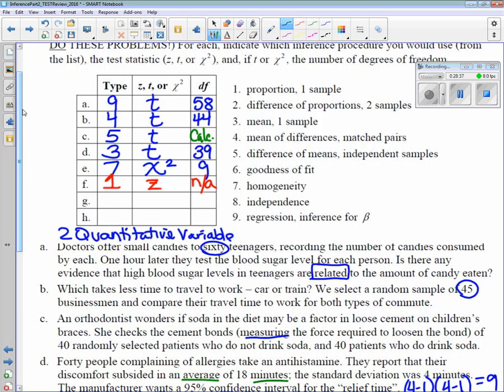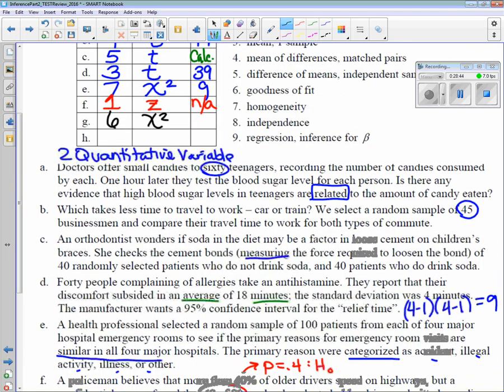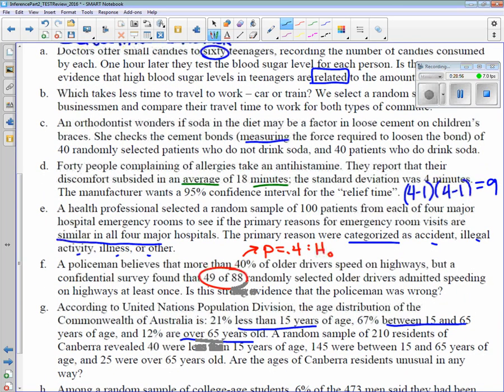What's the degree of freedom? It's the number of categories minus 1. How many categories do I have? 3 categories. So the degree of freedom should be 2. 3 minus 1 is 2.